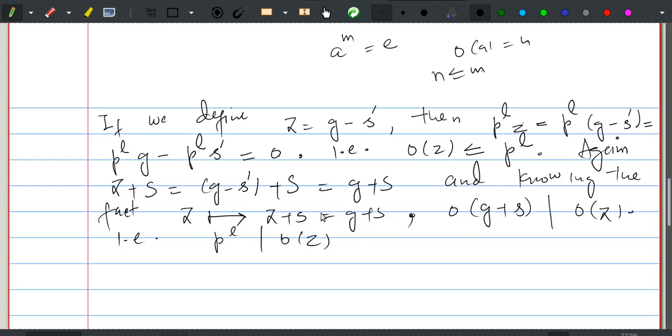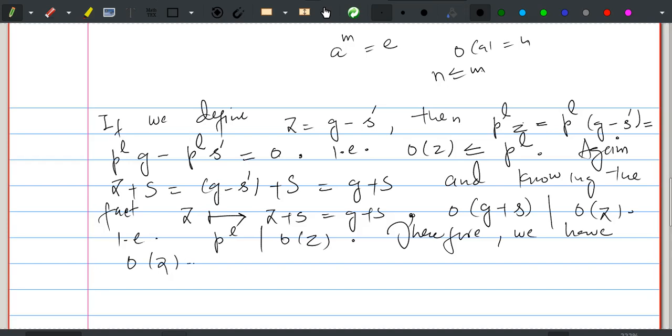So on comparing these two, we have that the order of Z is the same as the order of G bar, which is p power L.